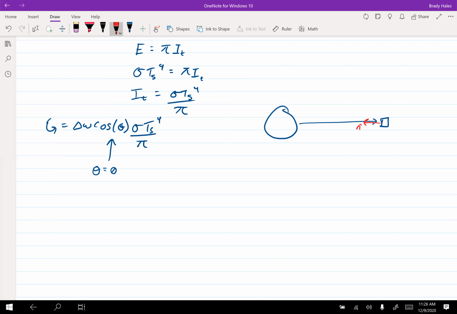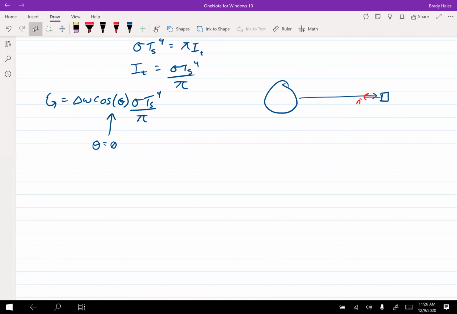Because delta omega is so small, we say that it's non-varying across the rocket, right? So cosine 0 is 1. So G is now equal to delta omega sigma Ts to the 4th over pi.